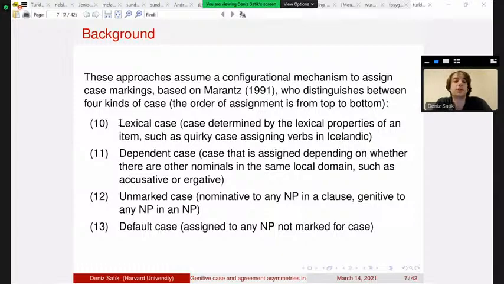But we're not really interested in lexical or dependent or default case in this talk, though I'll briefly mention them right now. Dependent case is case that is assigned depending on whether there are other nominals in the same local domain, such as accusative or ergative. Like in a sentence like, Deniz tavuk döneri yedi.